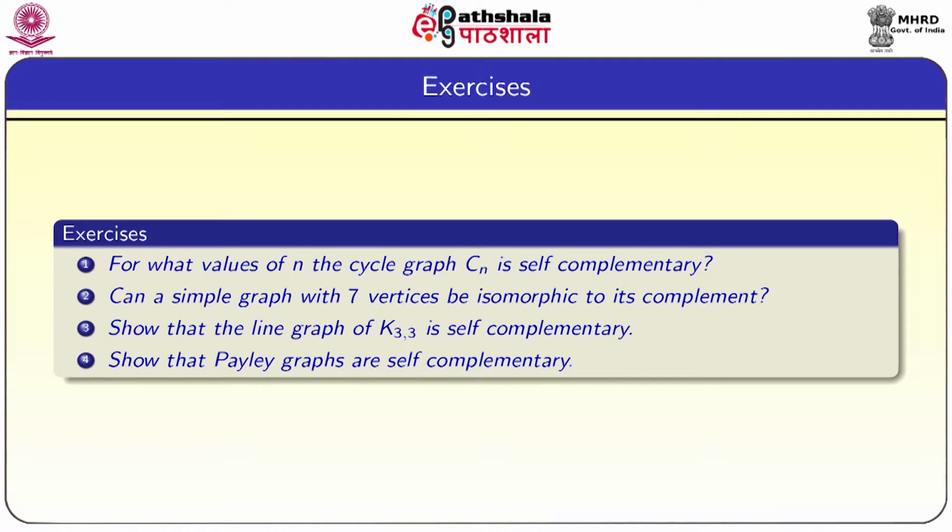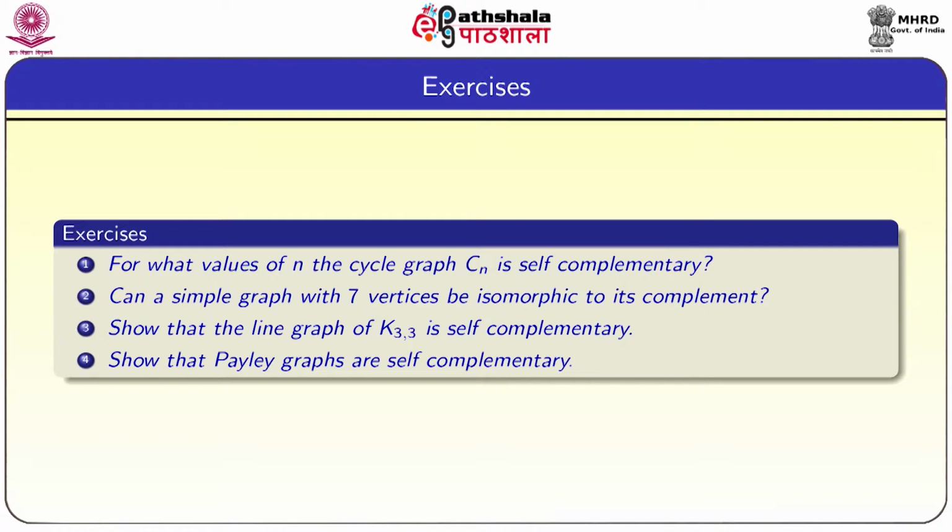Now, we are going to see a few exercises. The first question is, for what values of n is the cycle graph Cn self-complementary? We already know that at least for one value it is self-complementary. For n equal to 5, we saw that example.